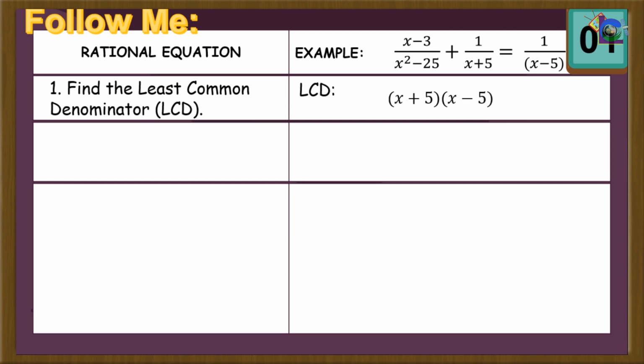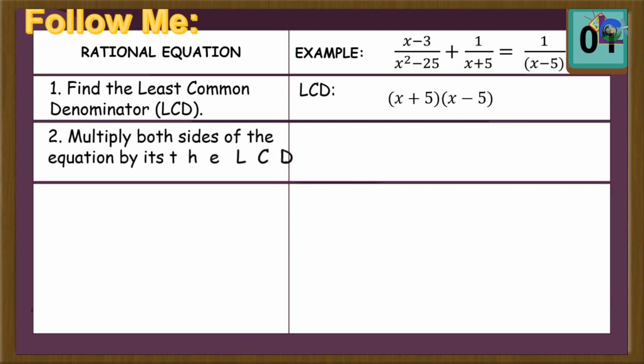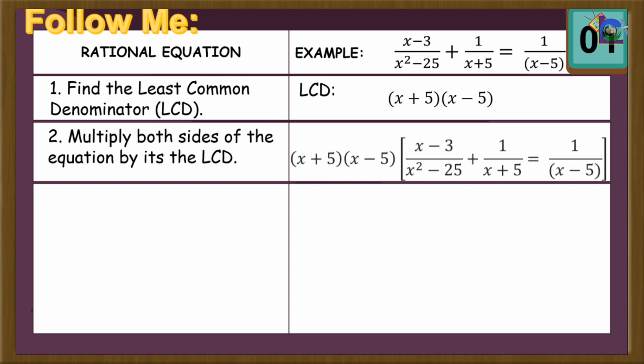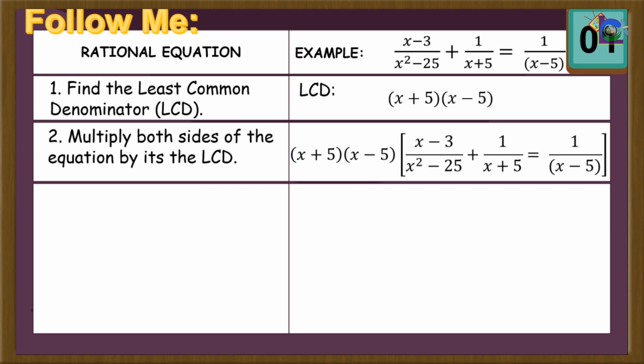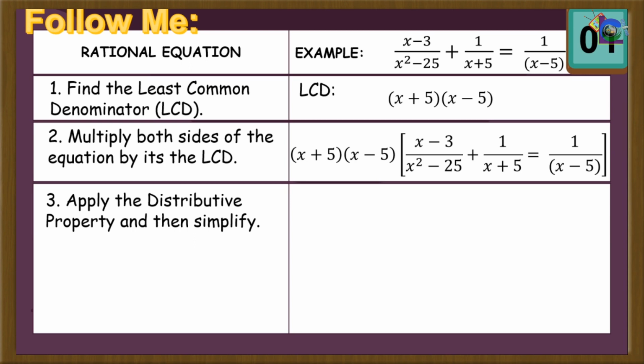Second, multiply both sides of the equation by its LCD. So from our original equation, we will multiply by our LCD, which is x plus 5 times the quantity of x minus 5. Third, apply the distributive property and then simplify.